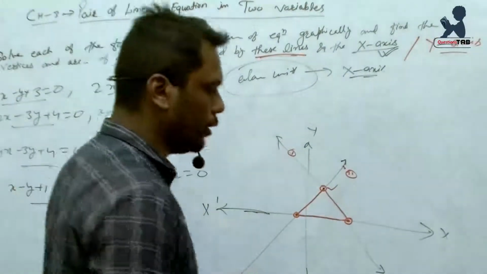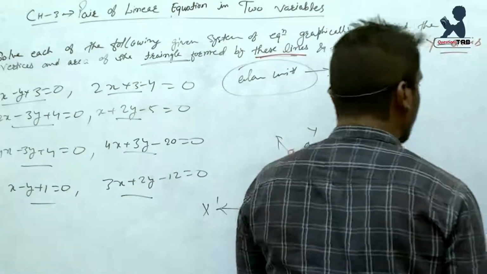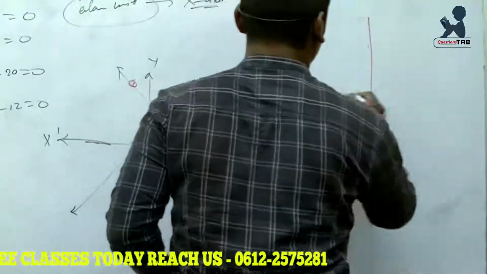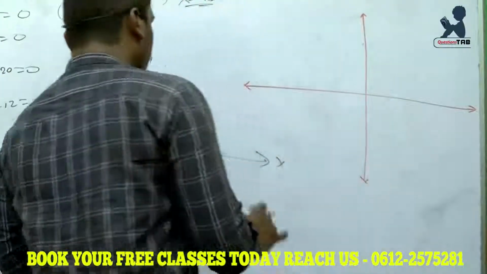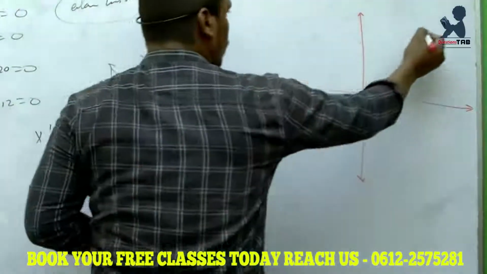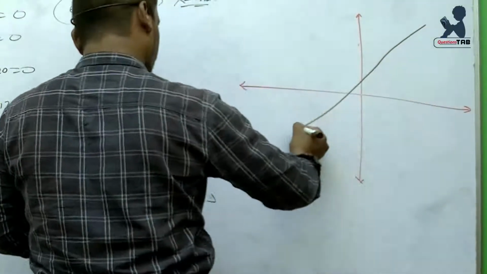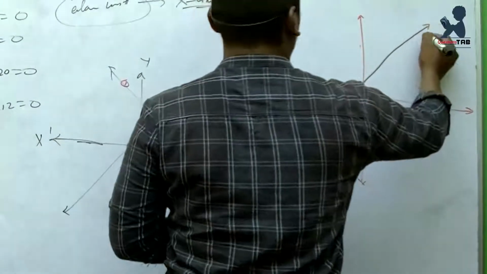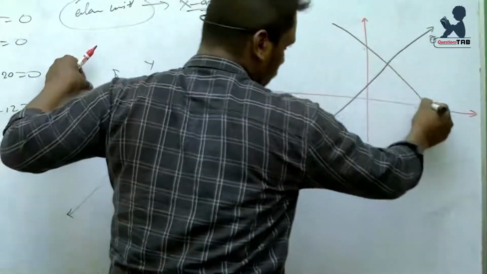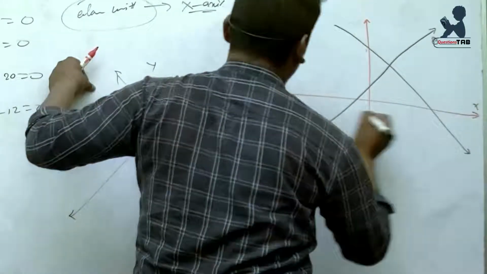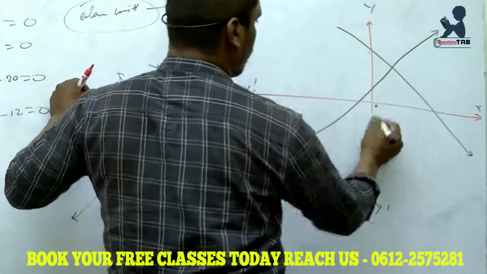In that scenario, this is our second line, this is our first line, this is the x-axis and this is our y-axis.